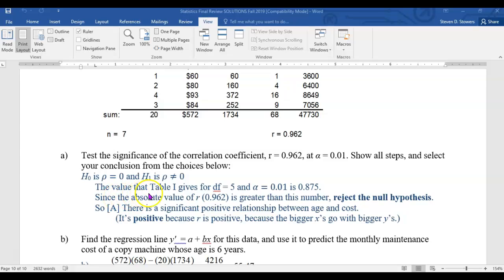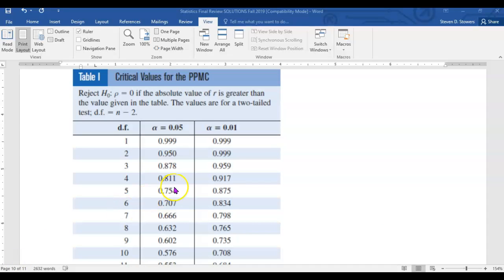Next, we need to look up on table I the value that it gives you to compare that R to. Now remember, table I looks something like this, and I will give you this table on the final exam.